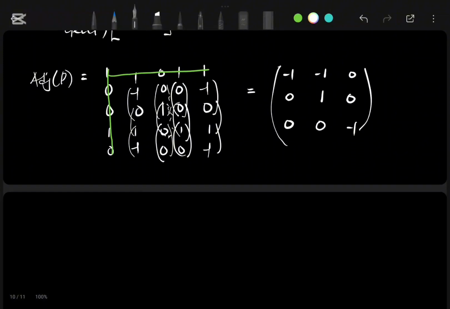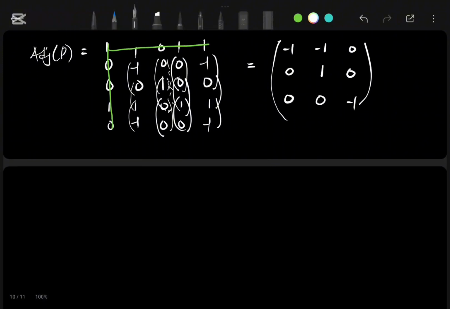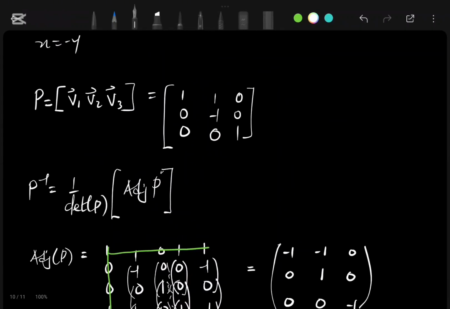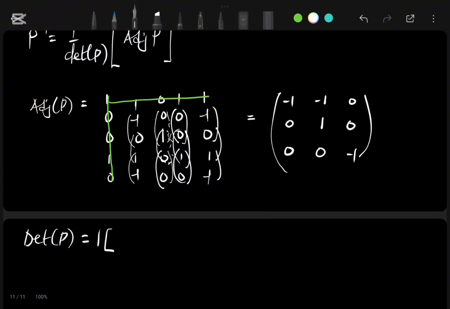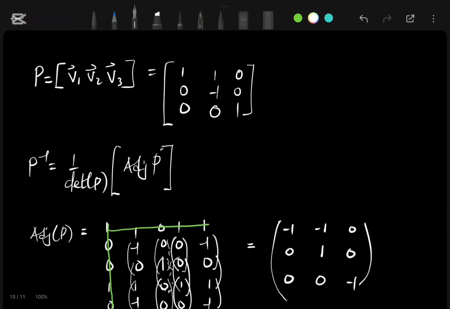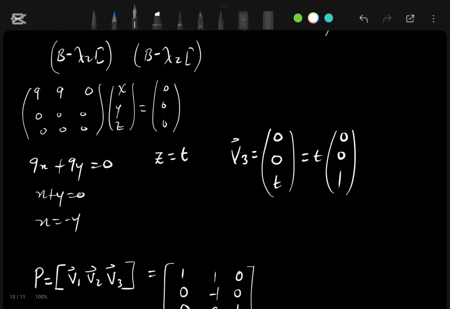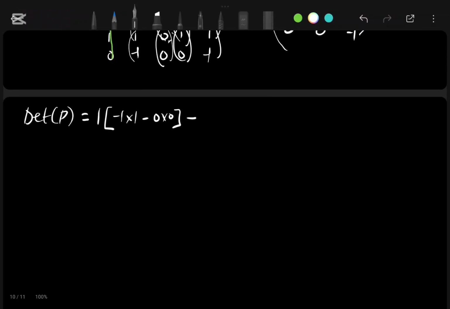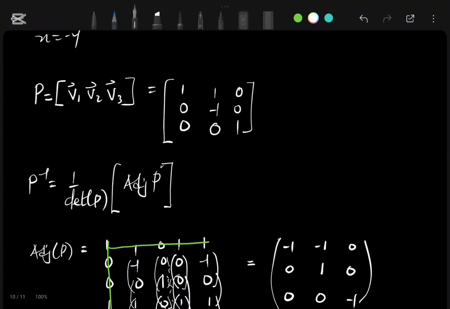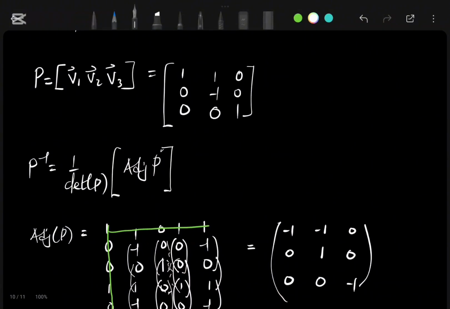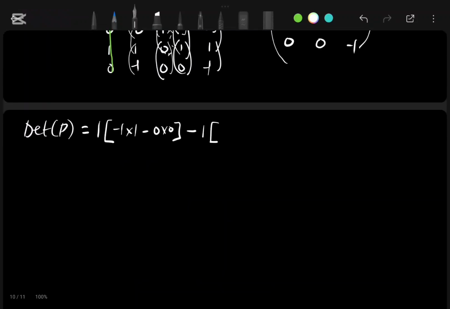So we now find the determinant of P, which is given by 1 into bracket minus 1 times 1 minus 0 times 0, minus 1 into bracket 0 times 1 minus 0 times 0.